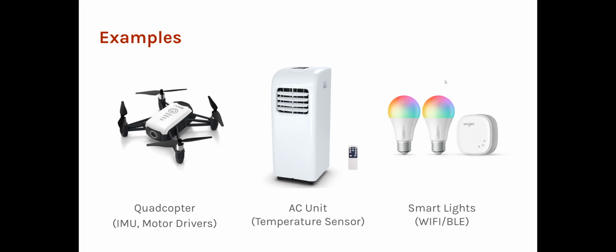This temperature sensor allows the AC unit to react to the ambient temperature of the room, allowing it to either turn on or turn off, depending on how hot or cold it is. Additionally, we have smart lights. I've never actually owned one of these devices, but I'd imagine that inside of them, you'd find a Wi-Fi or Bluetooth communication module. This embedded system allows the device to communicate with other devices through Wi-Fi or Bluetooth.